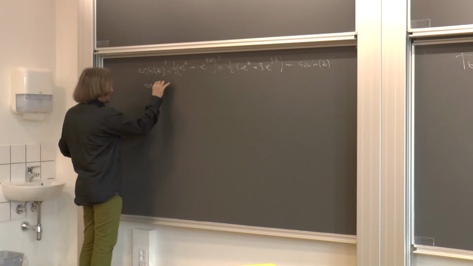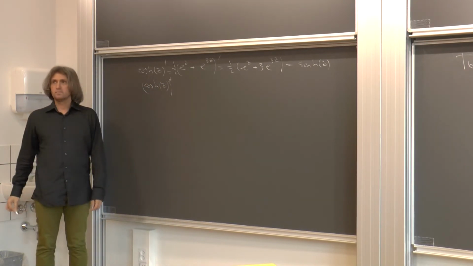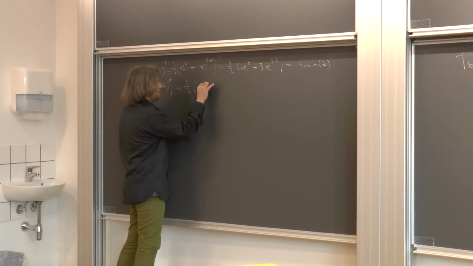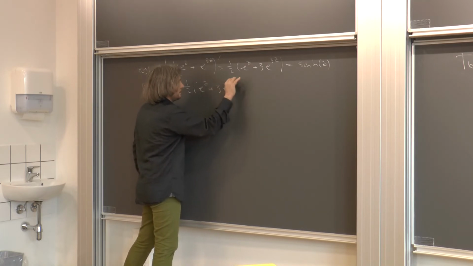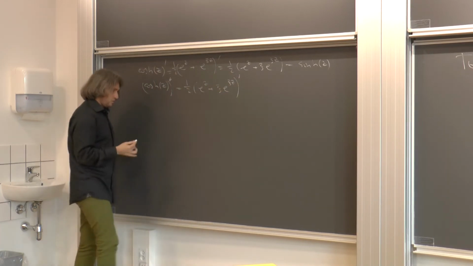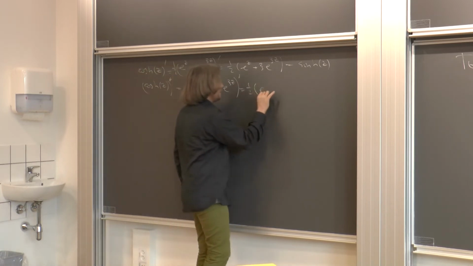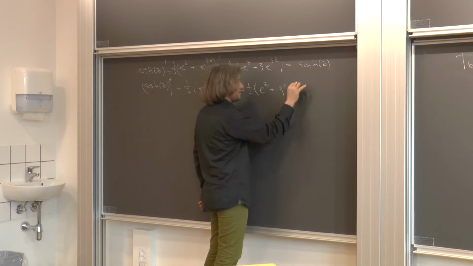Let's do it twice. Then it's 1/2 e to the z plus psi e to psi z prime. And of course, this is 1/2 e to the z plus psi squared e to psi z.